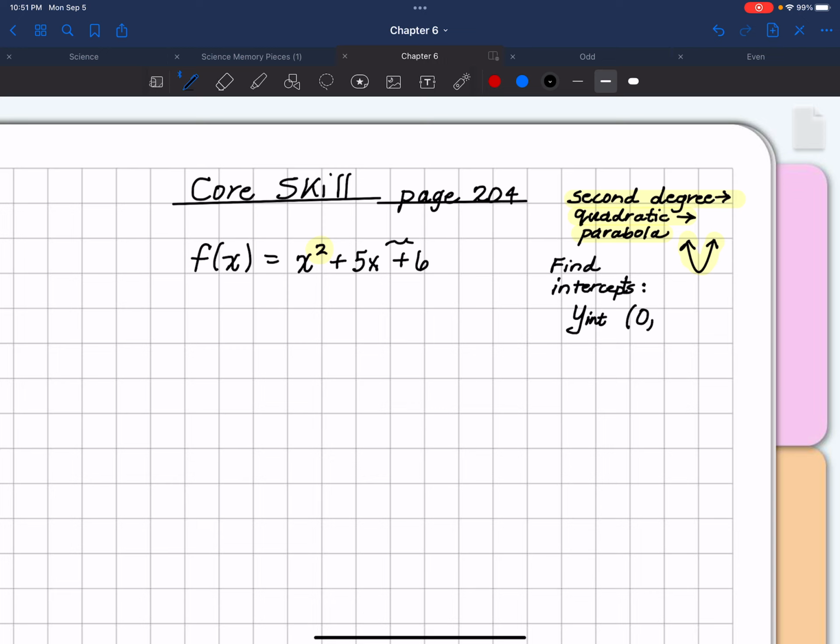And baby c up here, let me put the formula. Remember, the function rule for a quadratic is ax squared plus bx plus c. And c is the baby c. It's going to be that y-intercept in that point. So c is positive 6. That tells me right there the y-intercept.